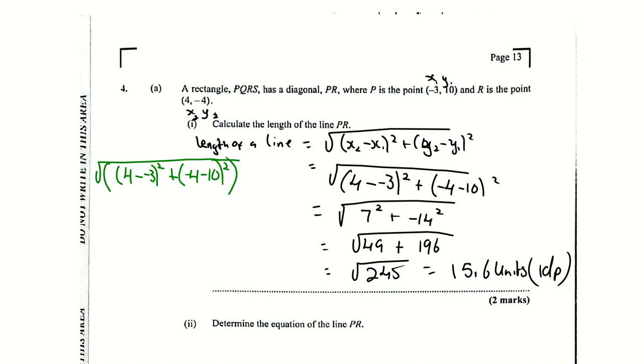Then you add those, and then you find the square root of that value. So the square root of open bracket, open bracket again, 4 minus negative 3, close bracket squared, close bracket, plus open bracket, negative 4 minus 10, close bracket squared.